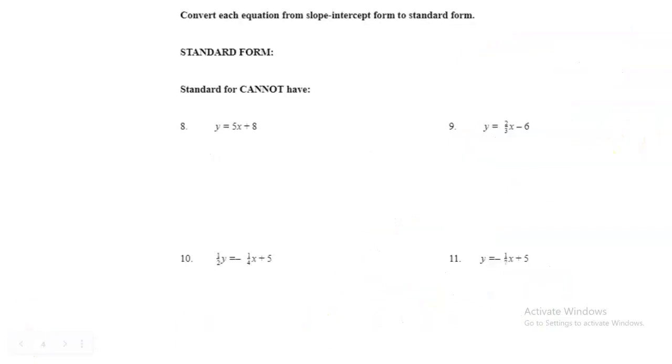Okay, so now I'm looking at some equations that are written in slope-intercept form, but I want to write them in standard form. Remember, standard form is ax plus by equals c. Okay, so I'm going to write them in that form. So what I'm going to do is I want to move this 5x to that side.